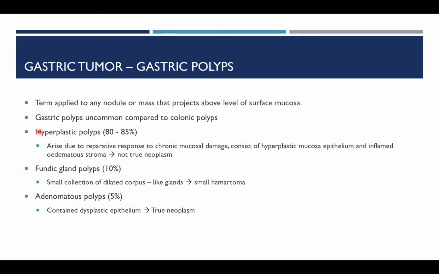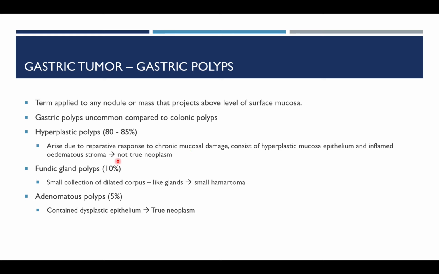The most common polyp is the hyperplastic polyp, which arises due to chronic mucosal damage. Once you have chronic mucosal damage, there's a reparative response which causes hyperplastic mucosal epithelium and leads to hyperplastic polyps.